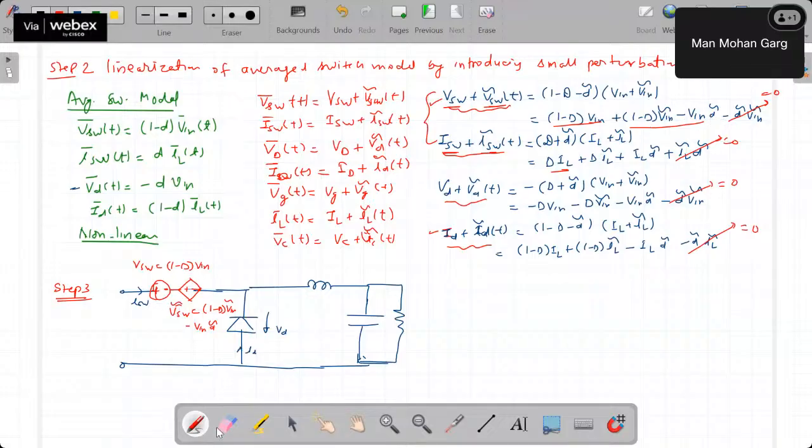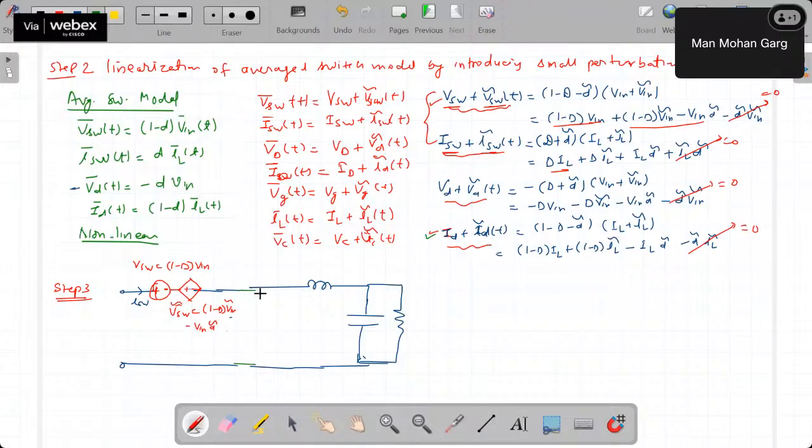Now similarly, this diode I'm going to replace with its current equivalent. So I need to create the diode equation with the help of current sources. Now there are two current sources, one independent, another dependent. What was the direction of our actual diode? From down to up.